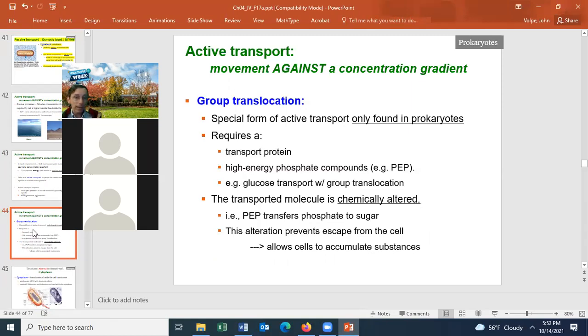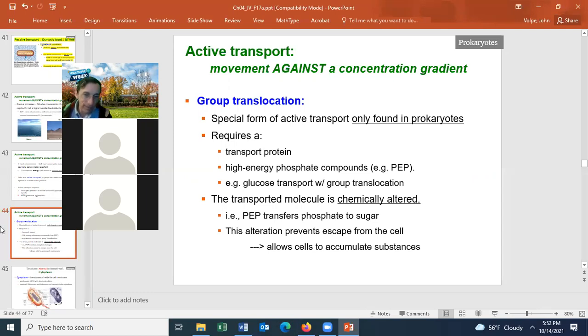In bacteria and archaea, we have a special active transport. So it is active transport, but it differs because the molecule that is moved is chemically altered when it is transported.